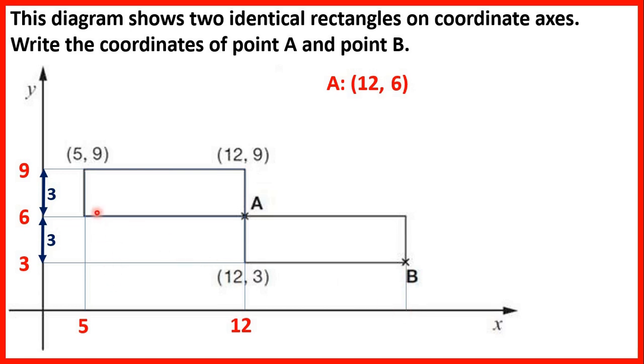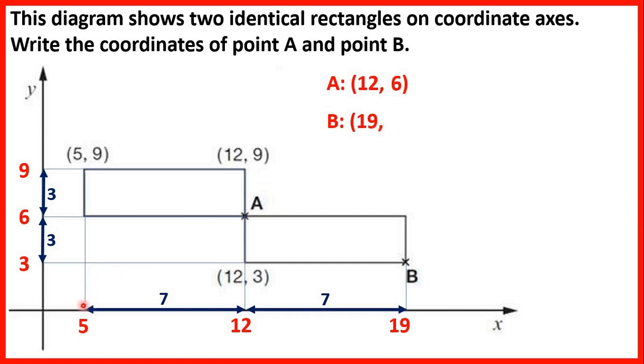Well, we know that the difference between 5 and 12 is 7, so this length here is 7, so the length of this rectangle is 7, and the rectangles are identical, so the length of this rectangle will be 7 as well. So 12 plus 7 is 19, which means that the x-coordinate of B must be 19.